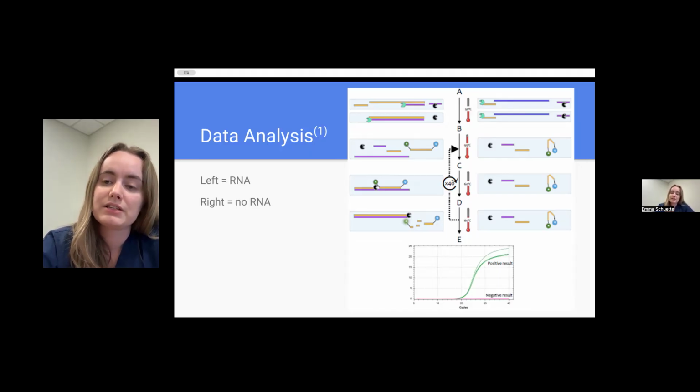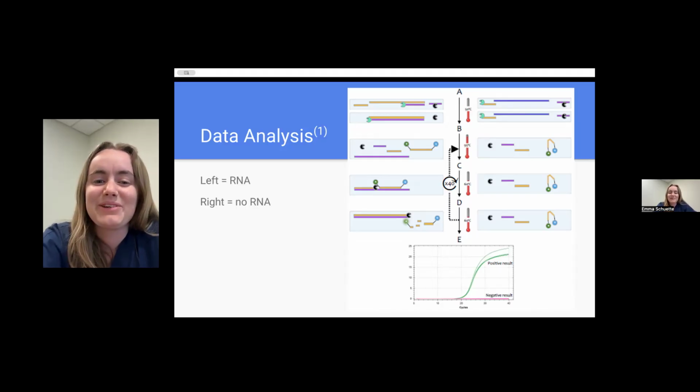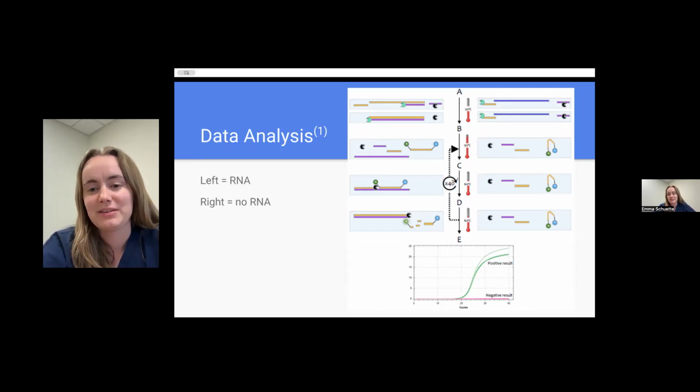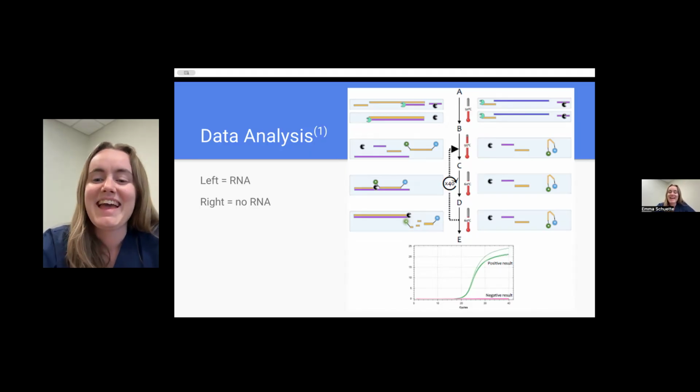So the RNA is reverse transcribed into DNA, and then that DNA is denatured and then annealed, and the DNA will break apart so that the probe can attach. And then when that probe attaches, we can measure it and amplify it and then measure it, and that will give us our positive result.